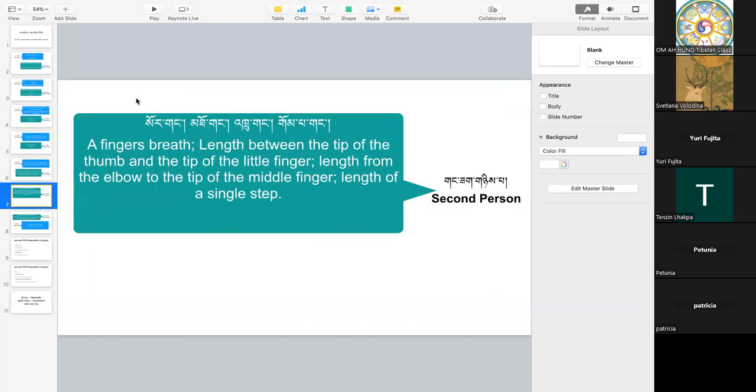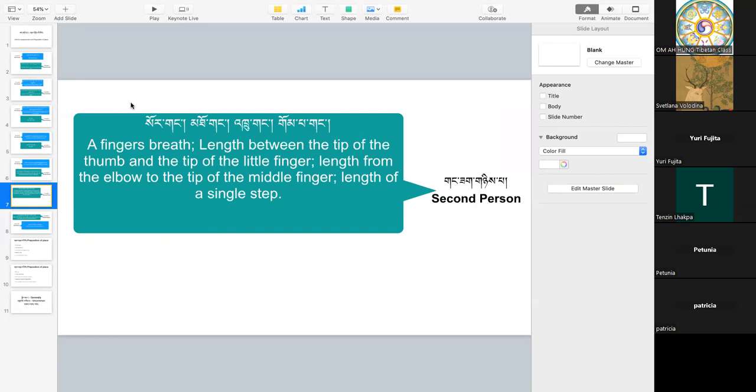The first one is sorkang, then sorkang, pokang, trukang, kombakang. These are four of the units of measurement that were used in Tibet.